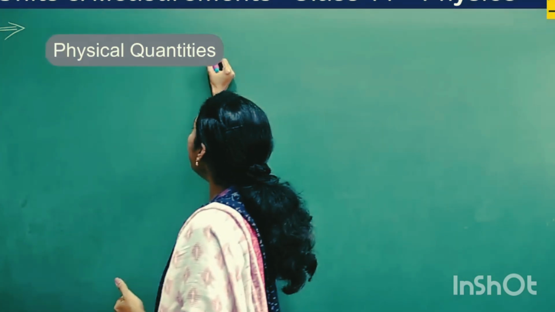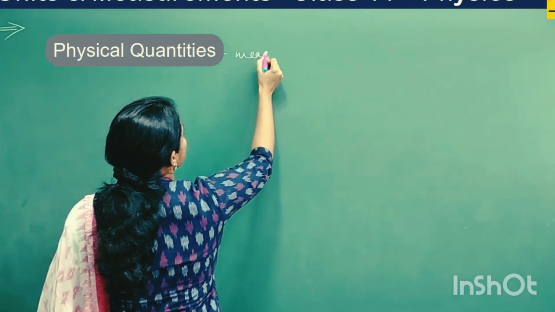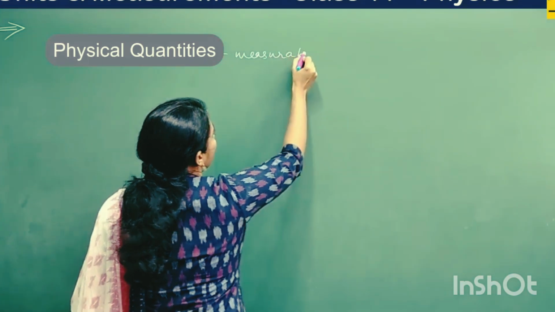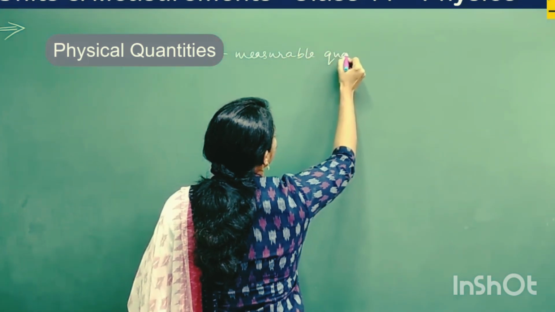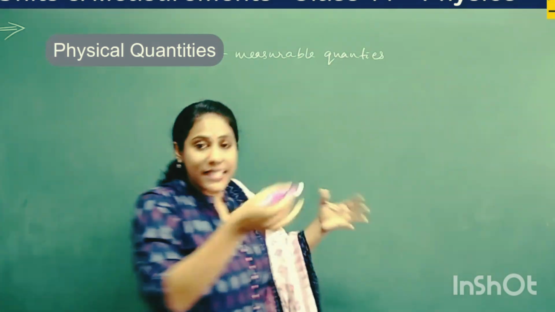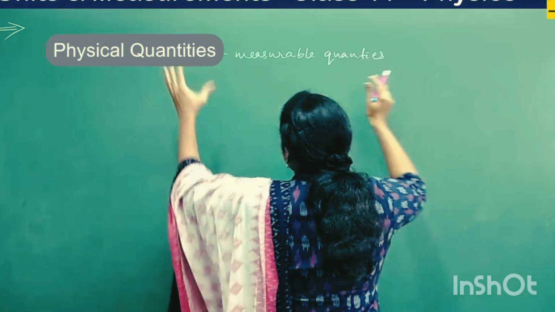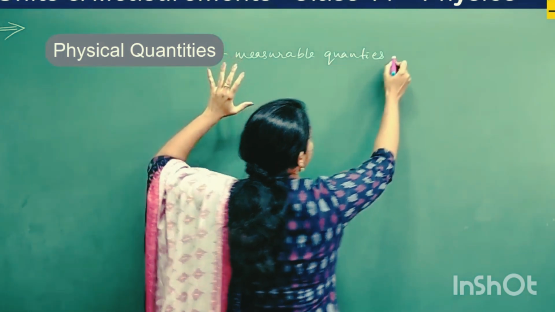Can you all tell me what you mean by physical quantities? These are some measurable quantities that help to describe matter or energies. What is the use of these physical quantities?